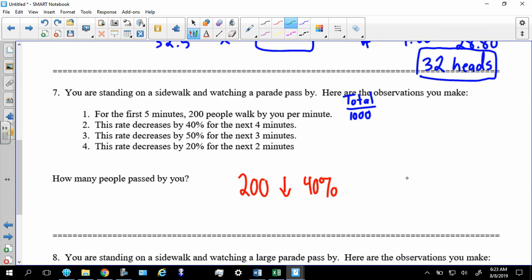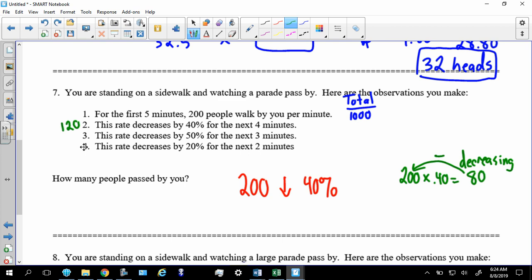So off to the side, you're going to say, okay, 200 times 40%, that gives me 80. Okay? But this is what I'm decreasing by. I'm decreasing by 80. So I need to take 80 and subtract it from 200. So my new rate is now 120.